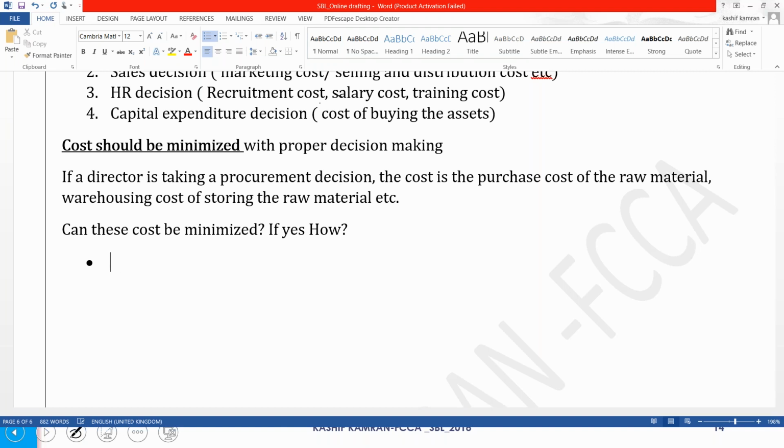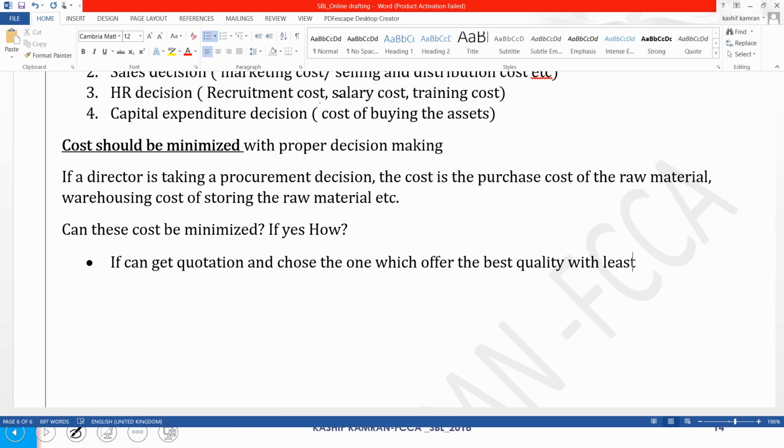Number one, we can get quotations and choose the one which offers the best quality with least price. So that means we can work on the economy of a decision, right?